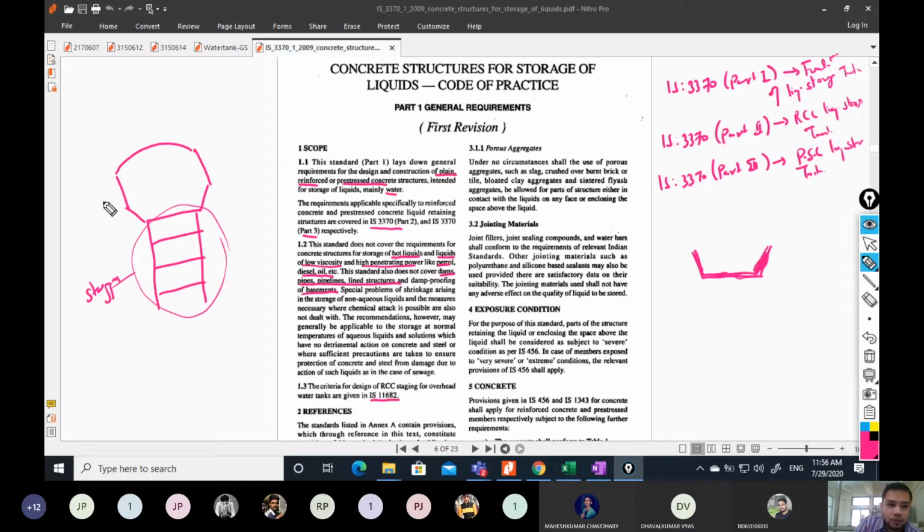This code is only used for the container, which can be of different shapes, like conical, cylindrical, rectangular or circular.